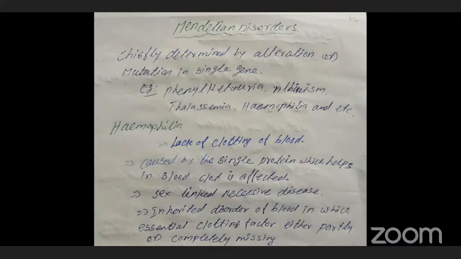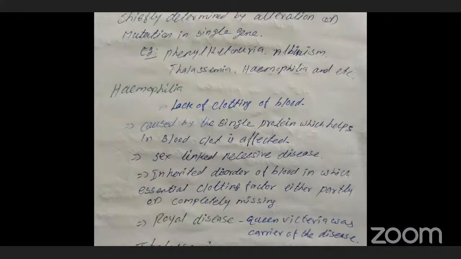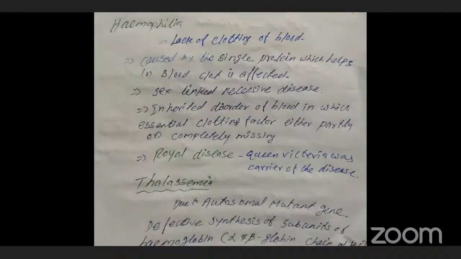Hemophilia means lack of clotting of blood, which is caused by a defect in the single protein that helps in blood clotting. Hemophilia is a sex-linked recessive disease, an inherited disorder of blood.